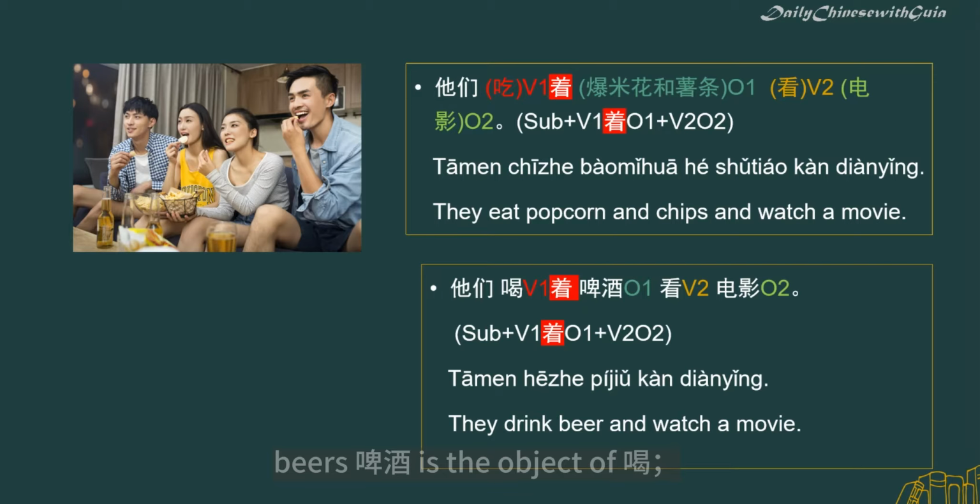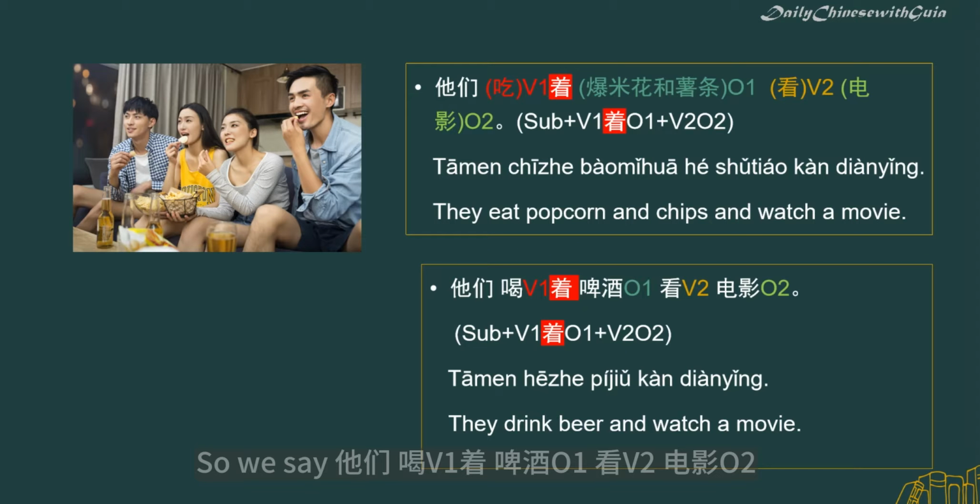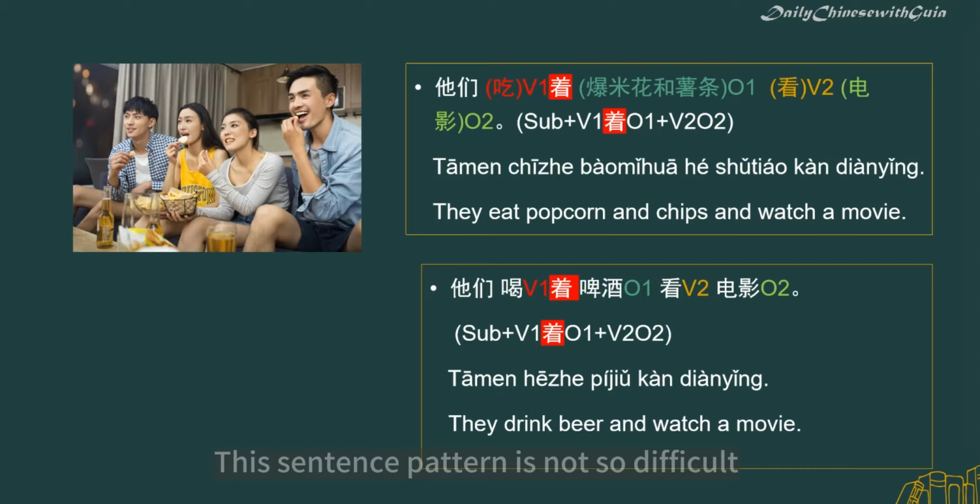Beer, 啤酒 is the object of 喝. 看 is V2. 电影 is O2. Okay? So we say 他们喝着啤酒看电影. This sentence pattern is not so difficult, right? Let's do a little more, okay?